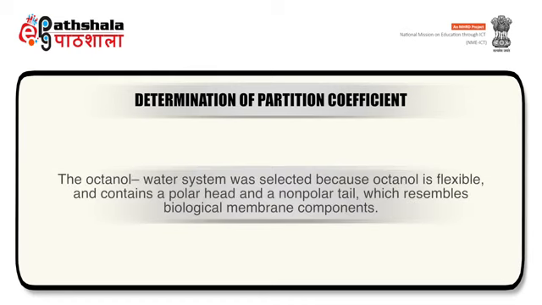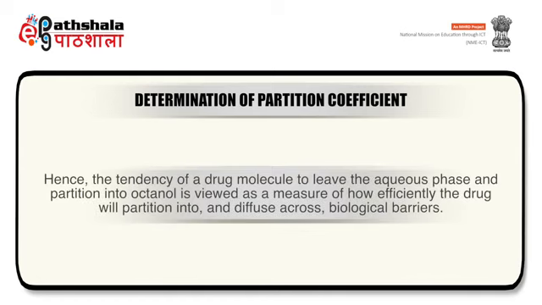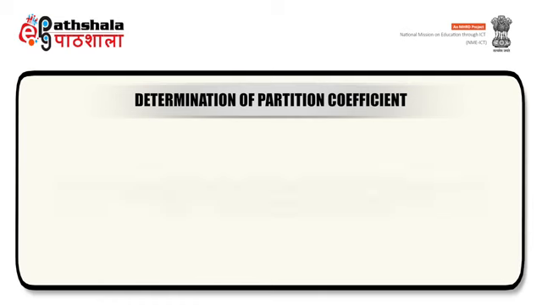The octanol-water system was selected because octanol is flexible and contains a polar head and a non-polar tail, which resembles biological membrane components. Hence, the tendency of a drug molecule to leave the aqueous phase and partition into octanol is viewed as a measure of how efficiently the drug will partition into and diffuse across biological barriers.